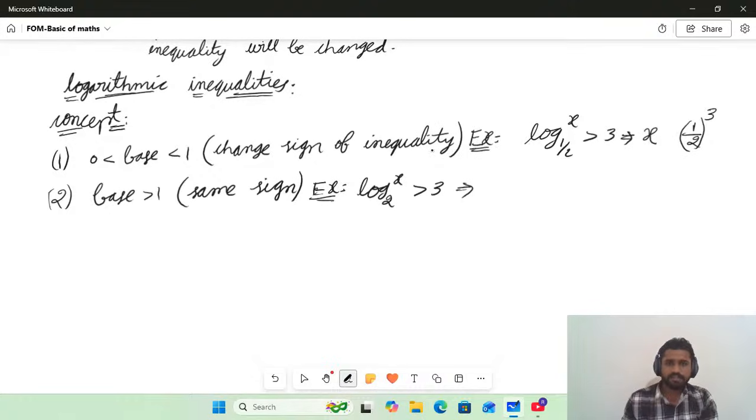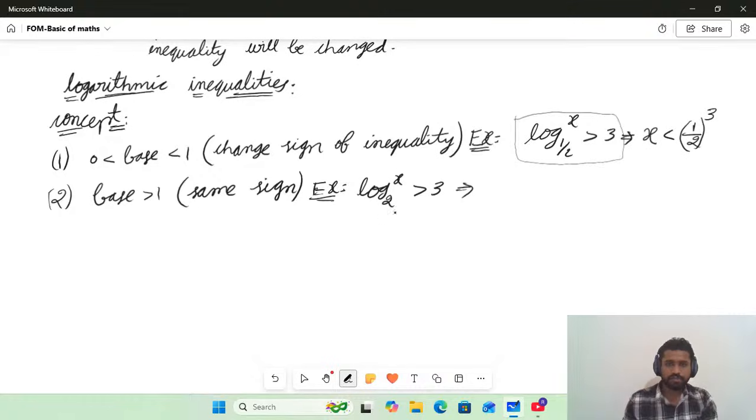So the sign of the inequality changes: greater than will become less than. So while writing the exponential form for this logarithm, greater than becomes less than.